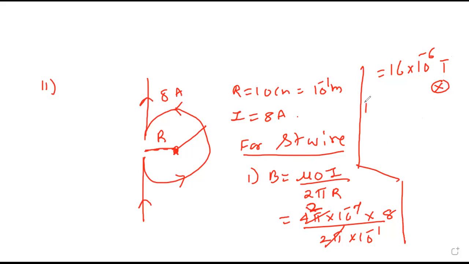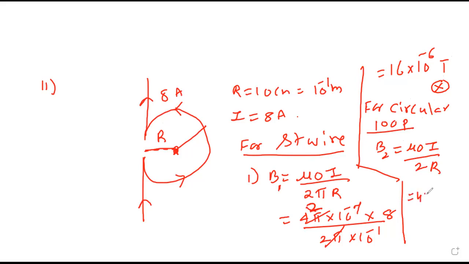For the circular loop, what is the formula for B at the center? Mu naught I upon 2R, N is 1, no? 1 turn. So this will become 4 pi into 10 raised to minus 7 into 8 upon 2 into 10 raised to minus 1.